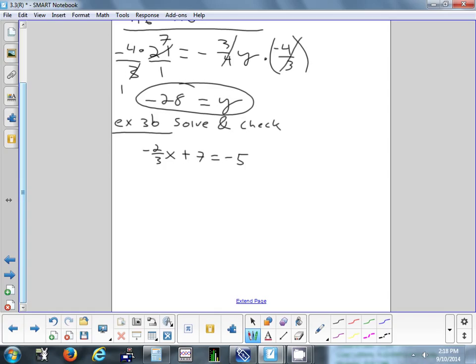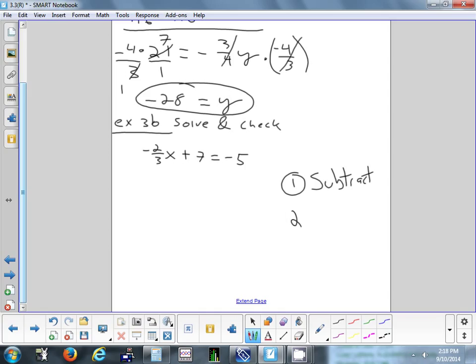No distributive, right? None at all. So now we get to simplify. What's the next step? Adding and subtracting. Am I going to add or am I going to subtract? Okay. So I know my first step is going to be subtract.